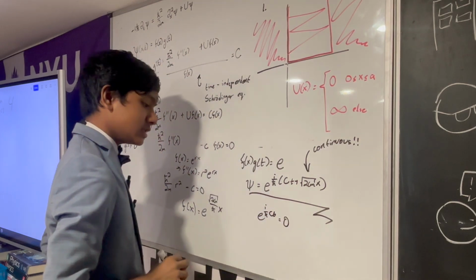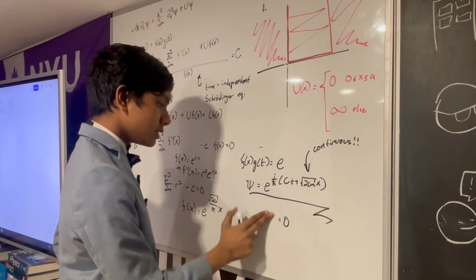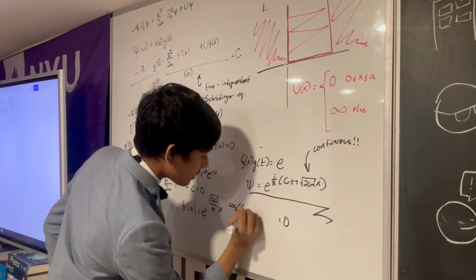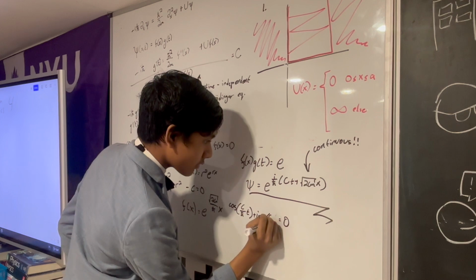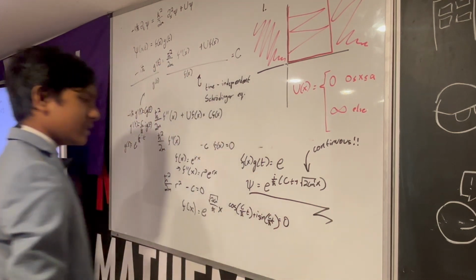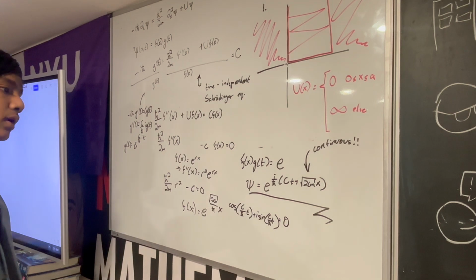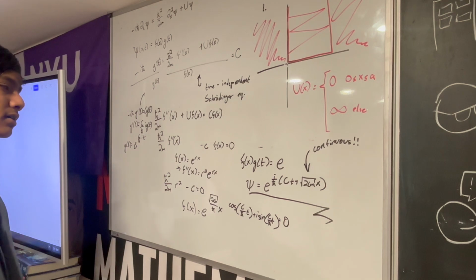When is that equal to 0? Well, let's expand this out. This gives us cosine c over h bar t plus i sine c over h bar t. So is it never 0? Yeah, because it's an exponential function. So why would it be 0? Unless c was equal to 0, but even in that scenario, e would just be equal to 1.